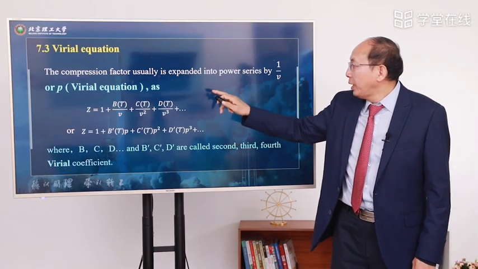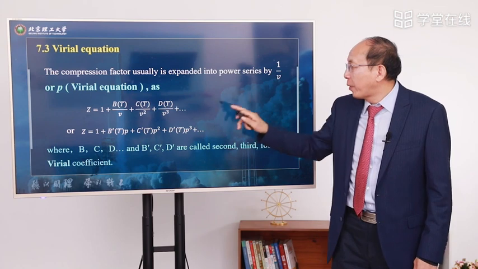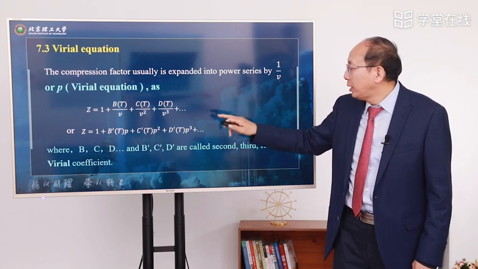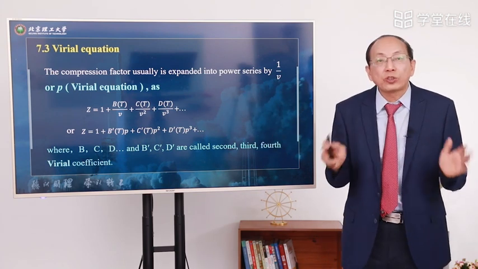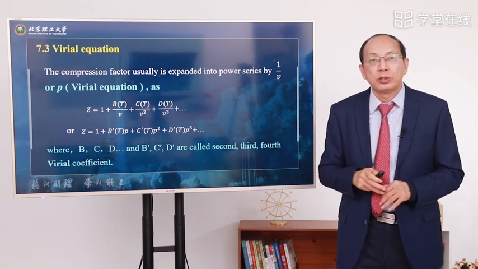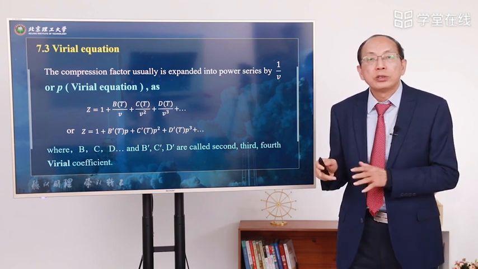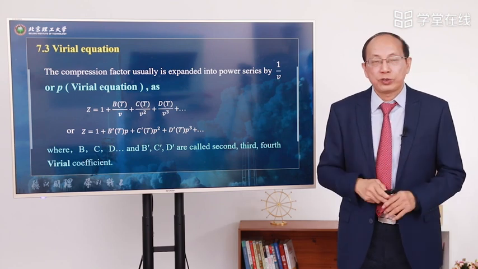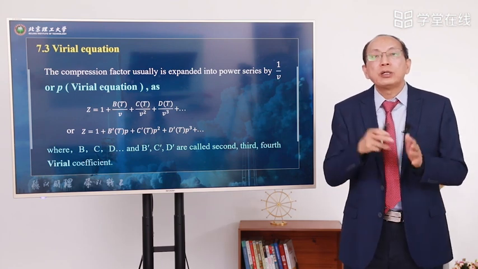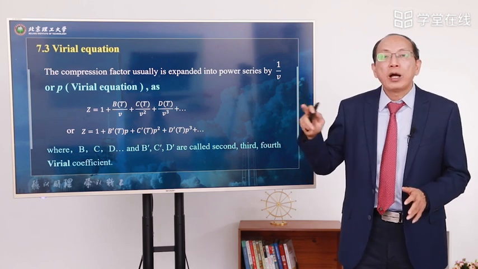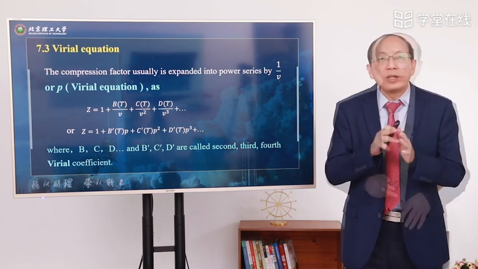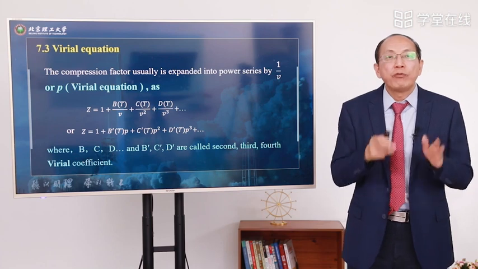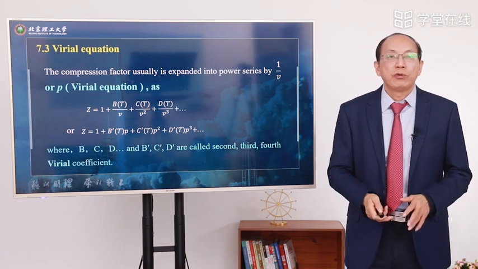Here B, C, D or B', C', D' are functions of temperature. I call them the second, third, fourth Virial coefficients. So it is a series by 1 over V or P. This equation we call the Virial equation.